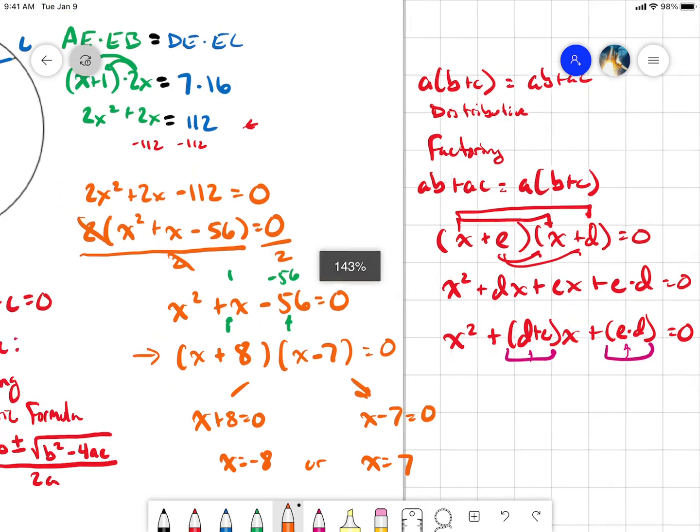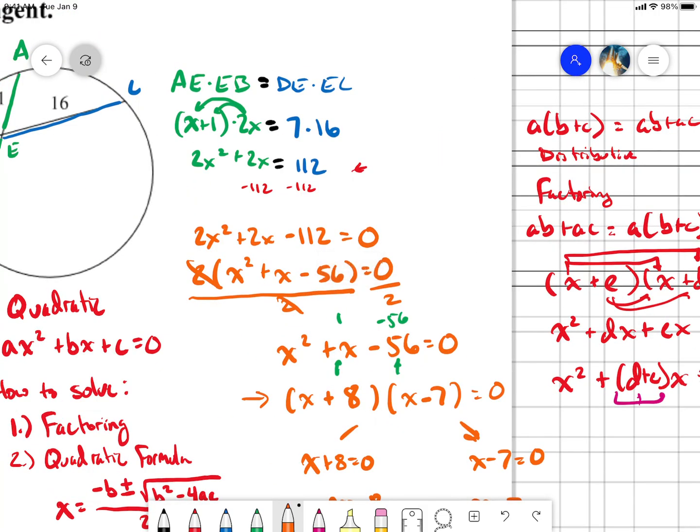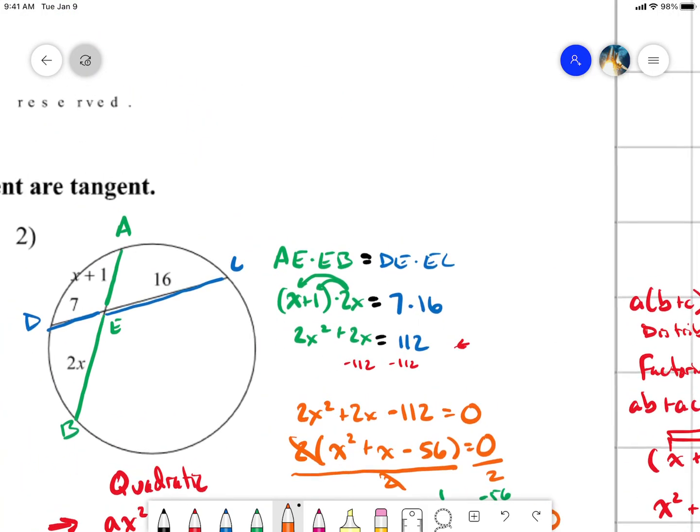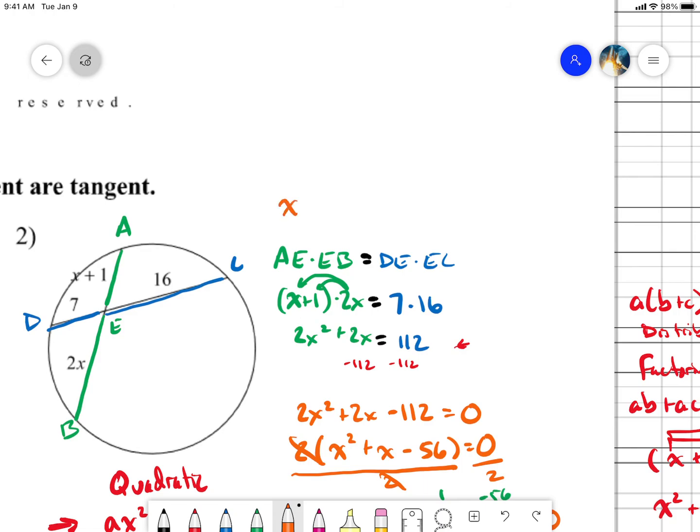What we're going to do is plug them back in. So we have x is equal to negative 8 or positive 7. Okay? Well, what happens when we plug in negative 8? This becomes negative 8 plus 1, which is equal to negative 7.